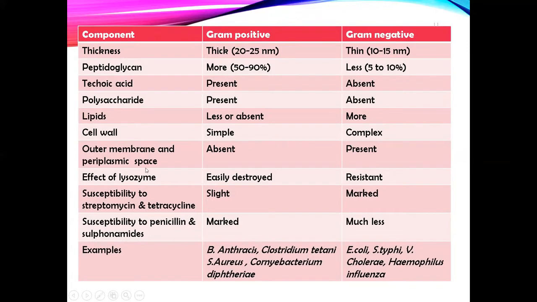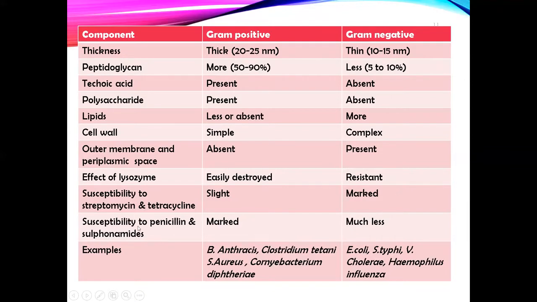The outer membrane and periplasmic space are absent in gram-positive while present in gram-negative. Gram-positive bacteria are easily destroyed by lysozyme, and gram-negative bacteria are resistant to its effect. Gram-positive bacteria have slight susceptibility to streptomycin and tetracycline, while gram-negative have marked susceptibility.